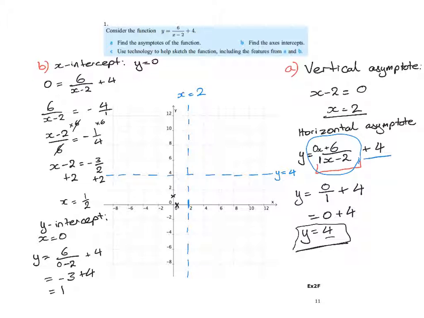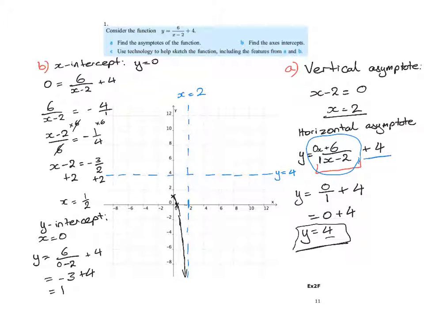Now, since I know what generally happens with an asymptote, I already know what this function looks like. I know that if I have to hit the intercepts, then I'm going to be going downwards towards negative infinity. You can check that by choosing x values really close to our vertical asymptote at 2. You could sub in 1.9, you could sub in 1.99999, so you're getting really close to 2.